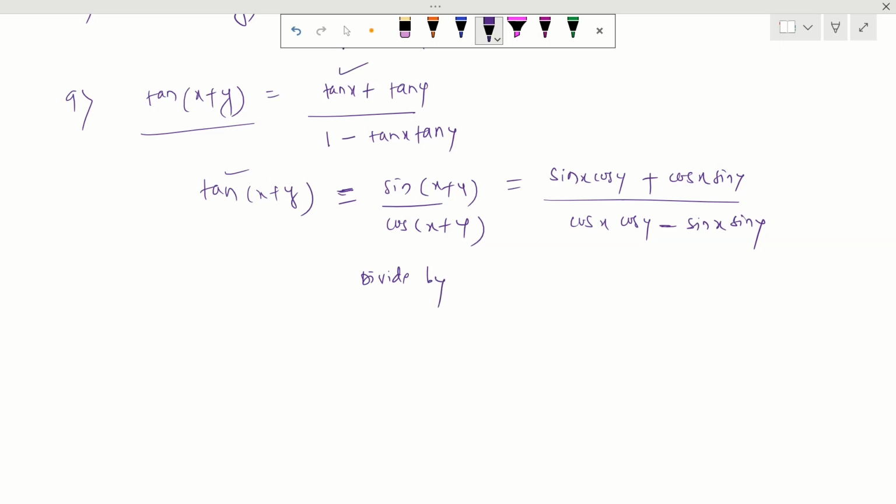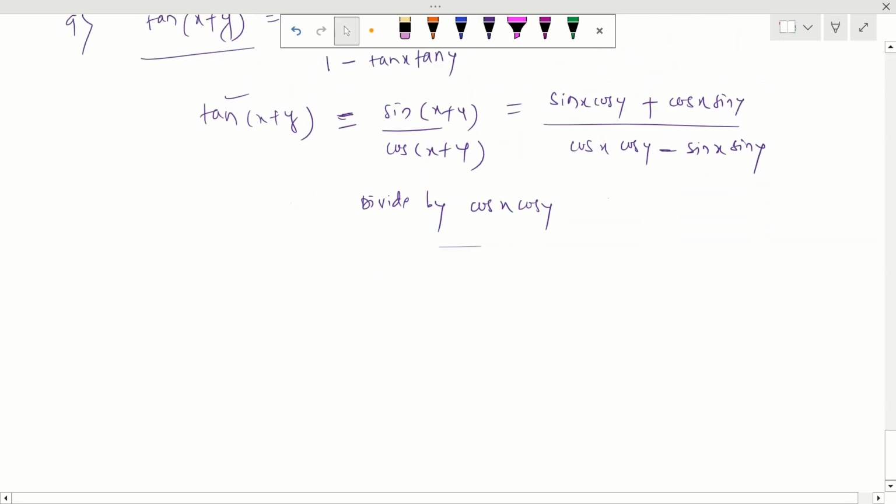So if we divide by cos x, it will become tan x, and cos y by cos y will get cancelled. If I divide this term by cos x, then sin by cos x is tan x, and cos y by cos y gets cancelled. Dividing both terms by cos x cos y.